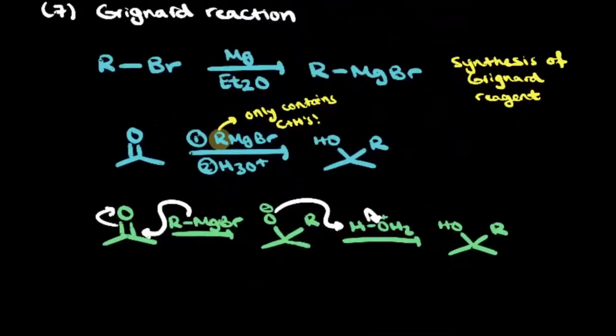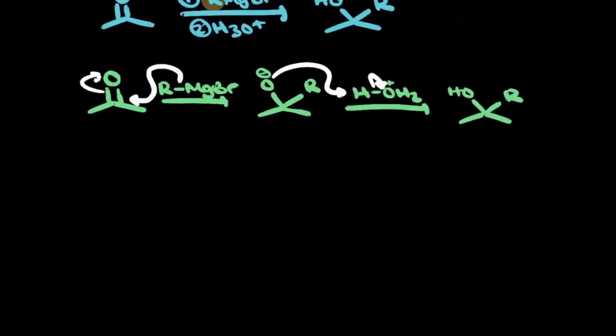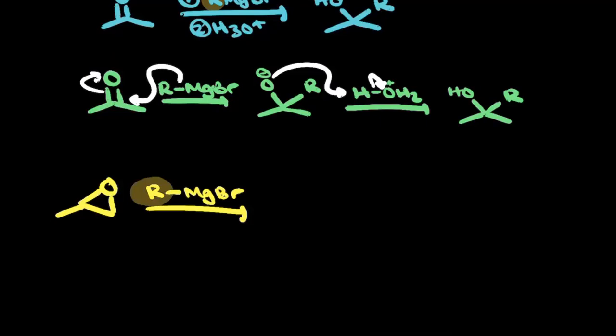Could you talk about Grignard reactions and epoxides real quick? Sure. Grignard reactions on epoxides are just the same as any basic reaction on an epoxide. Remember, your Grignard reagent is very basic. It has a pKa of roughly 55.